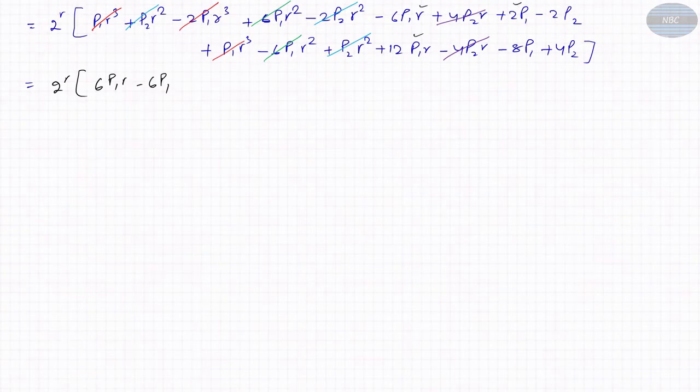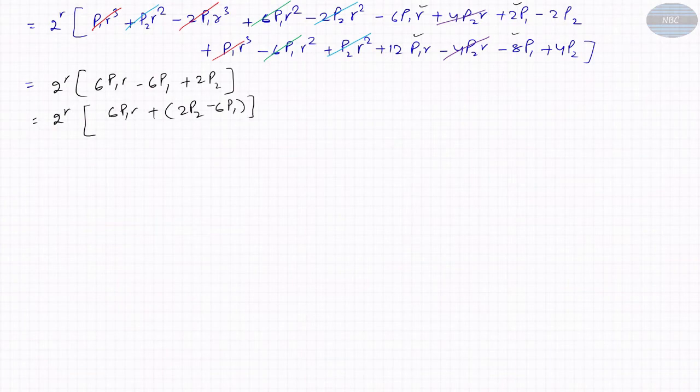So this is also complete. Now minus 2 p2 plus 4 p2 is 2 p2. So it can be written as 2 to the power r times 6 p1 r plus 2 p2 minus 6 p1.